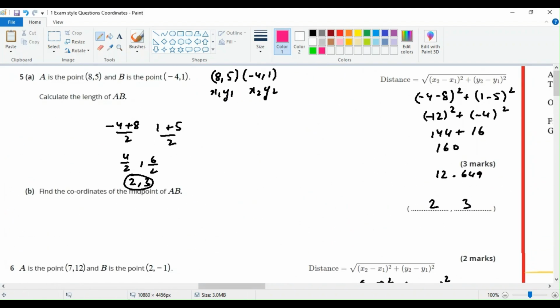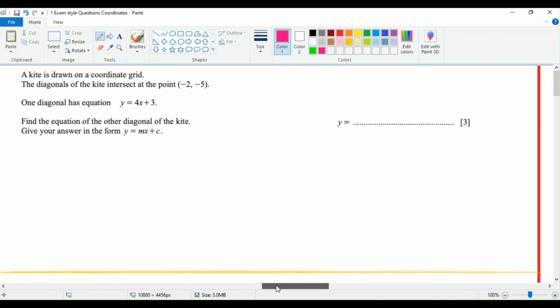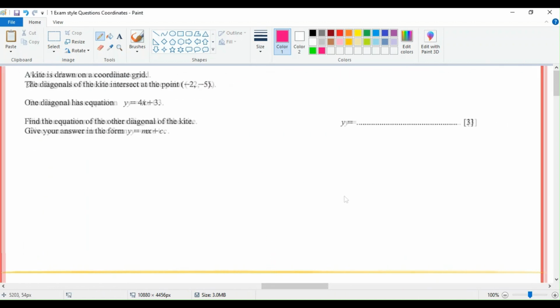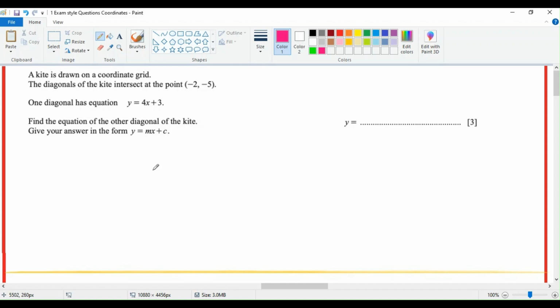Moving on to the next question, in which we are going to be working with a kite. The question says a kite is drawn on a coordinate grid. The diagonals of the kite intersect at the point (-2, -5). One diagonal has equation y equals 4x plus 3.